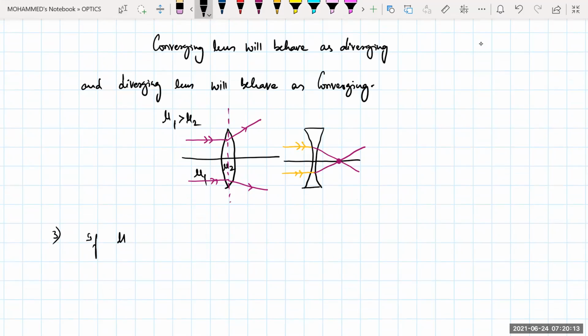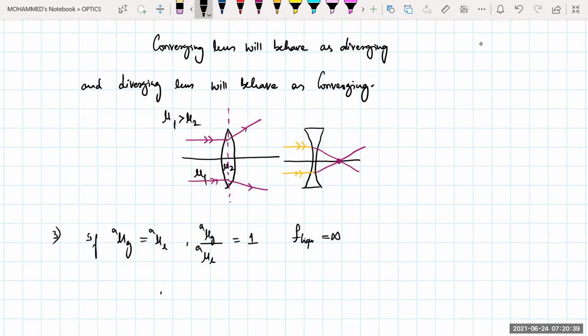If the refractive index of glass with respect to air is equal to the refractive index of liquid with respect to air, that means the refractive index of glass with respect to air divided by the refractive index of liquid with respect to air will always be equal to 1. That means the focal length of the liquid will become infinity.